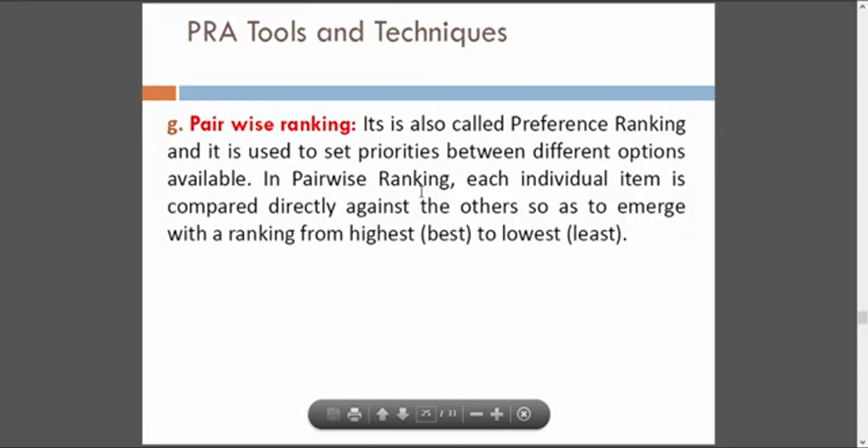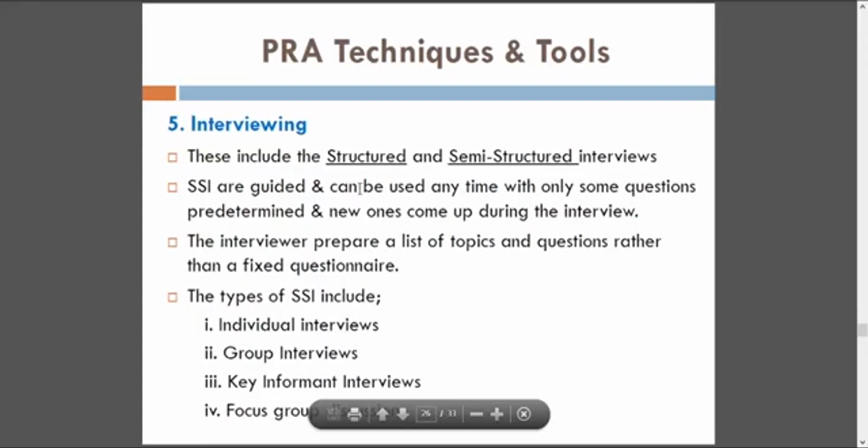Okay, so it is not very different from the other matrix methods that we've talked about. So still we also compare given issues, and then we see which one ranks highest and which one ranks lowest. So you're choosing one from the two.